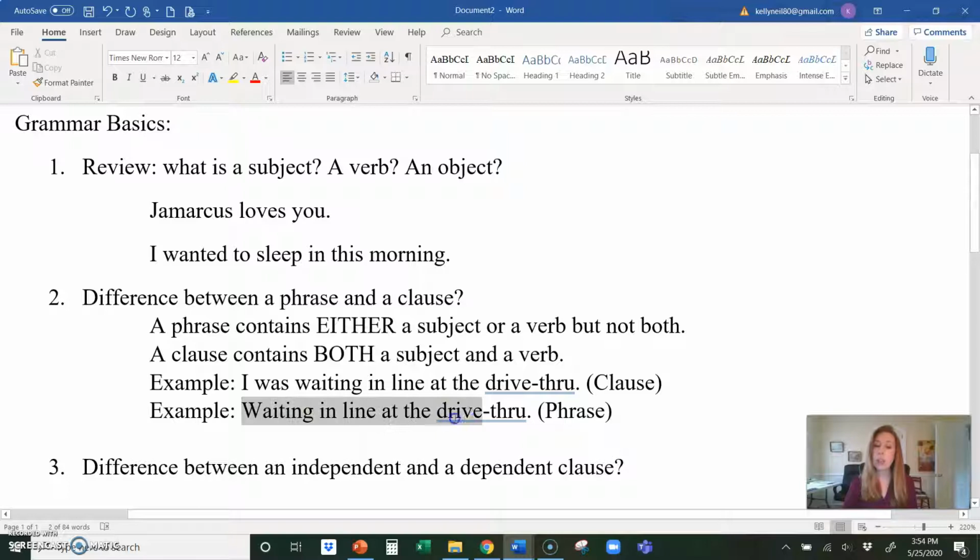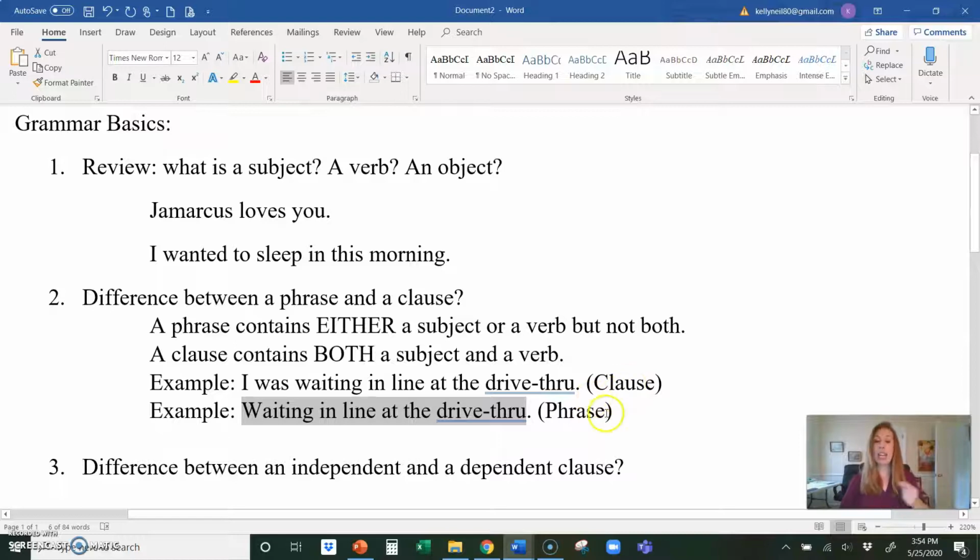I don't have a subject identified here. So if I put this in a paper, in order for it to make sense, I would have to attach it to a clause that contained a subject and a verb. Just there by itself, it's a phrase. Can't stand alone. It's not a sentence, right?